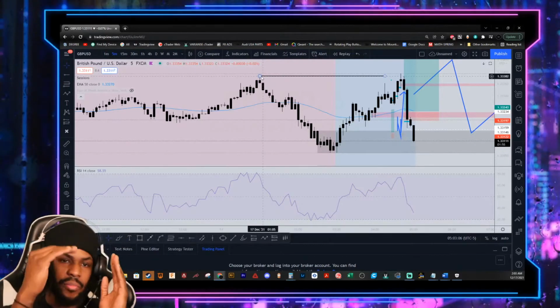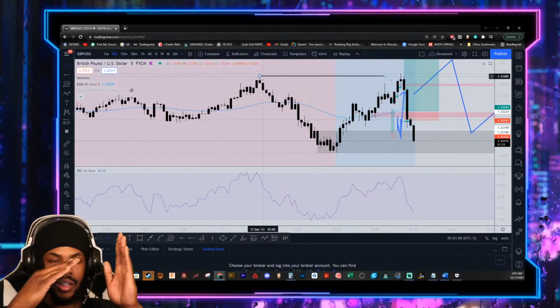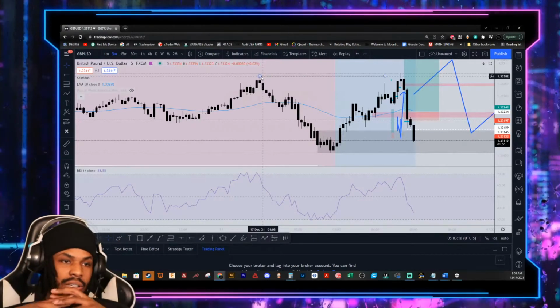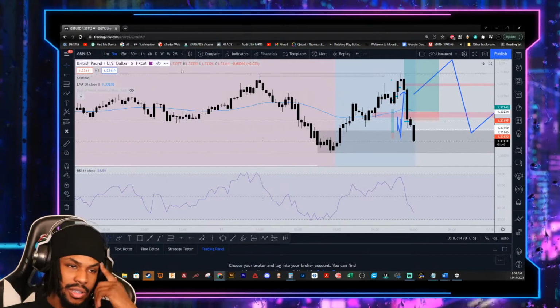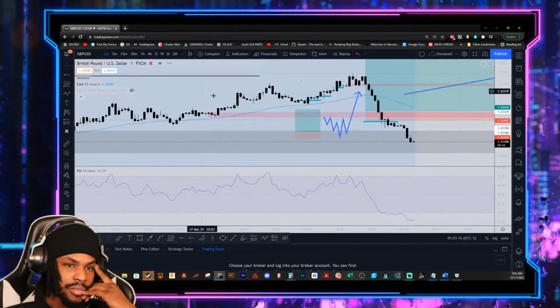I feel like it's even more liquidity if it shows more of a potential trend line. I see that as a better form of liquidity, but this is a valid double top in my opinion as well.